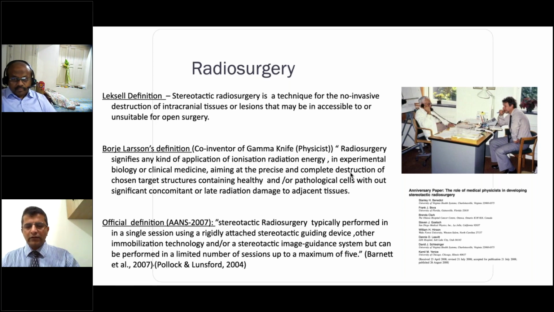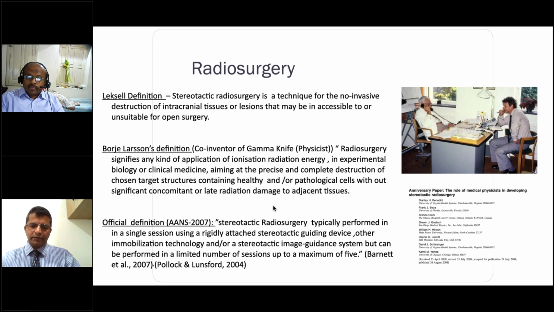I would recommend all the physicists go through the beautiful paper published by the AAPM as an anniversary paper, detailing the contribution of medical physicists in setting up gamma knife around the world.